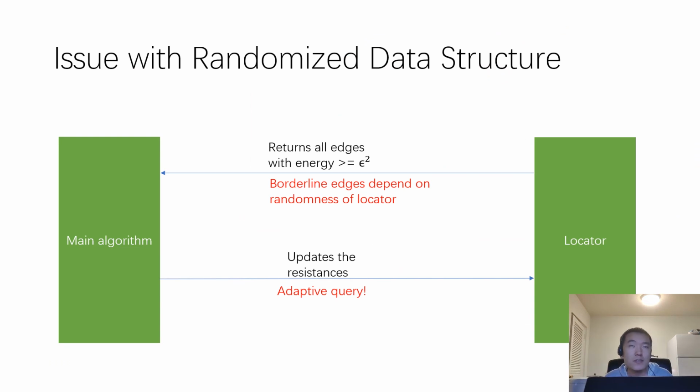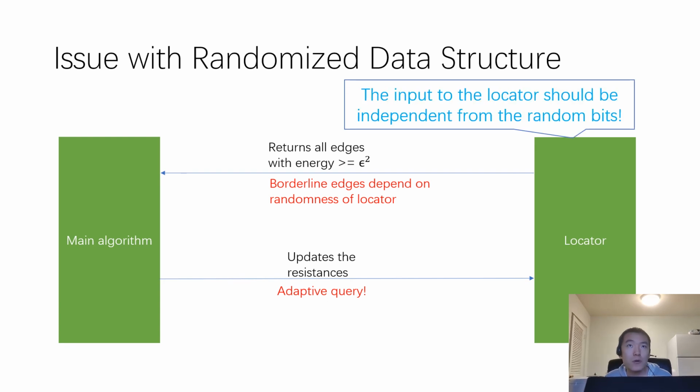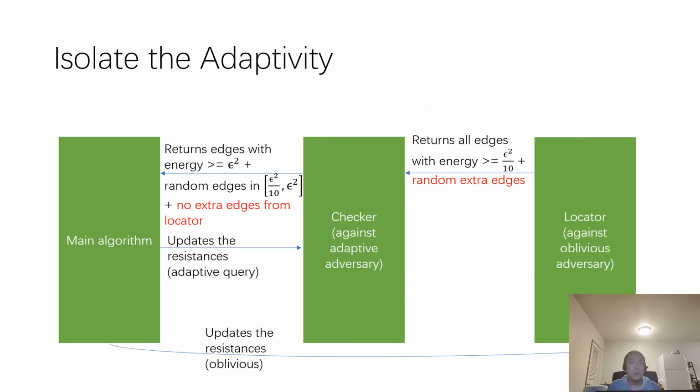The last thing is a small issue with how we utilize these randomized data structures. Our analysis requires that the queries and updates to the locator be independent from the random bits. In our algorithm, the answer of the locator affects the interior point method, which then affects the queries to the locator. So this breaks the analysis. We solve this issue by partitioning the data structure into two parts. The checker can only check if one edge has high energy, while the locator can return all edges with high energies.